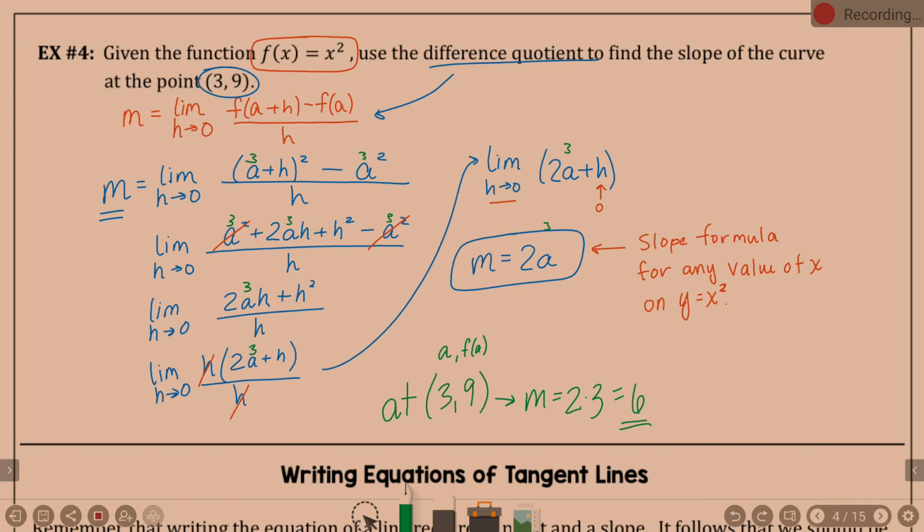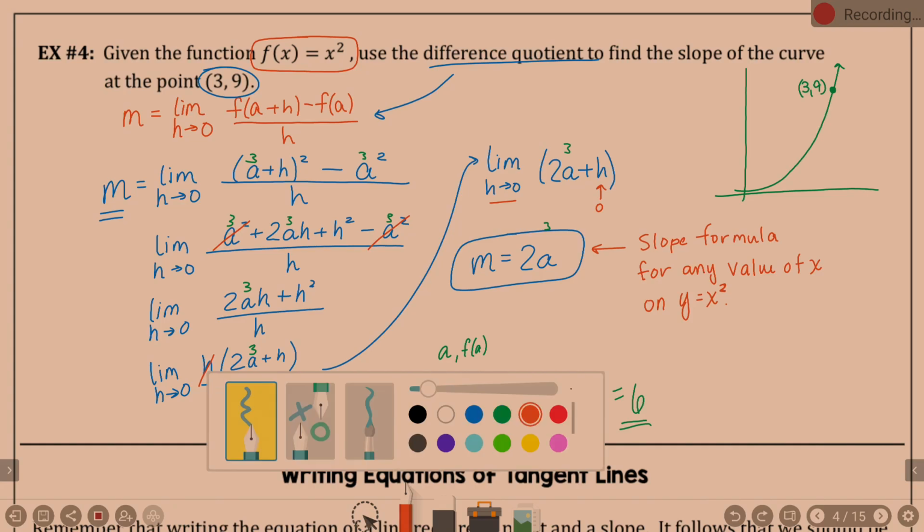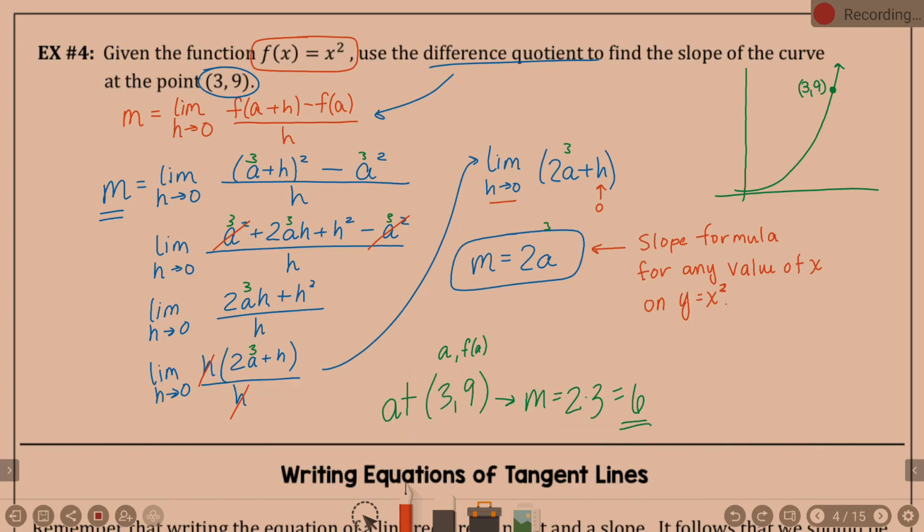I don't know if it helps or not, but in terms of a graph, this was y equals x squared, right? So if you think about y equals x squared being this graph, I'm picking this point to be the point (3, 9). 6 is the slope of the tangent line.